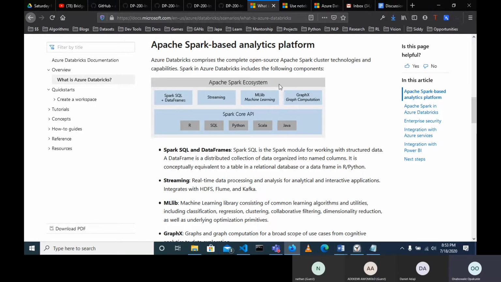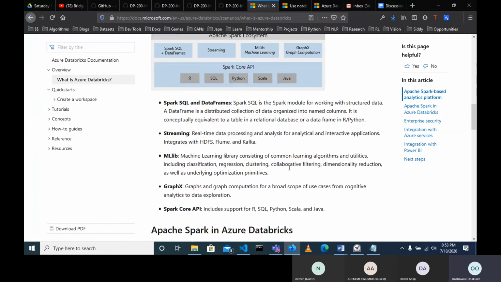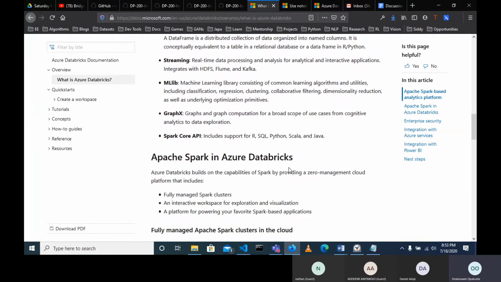You can use it to do machine learning, deep learning. You can also do graph computation with it. So all these are the computation aspects, and it supports a lot of languages: R, SQL, Python, and Scala.